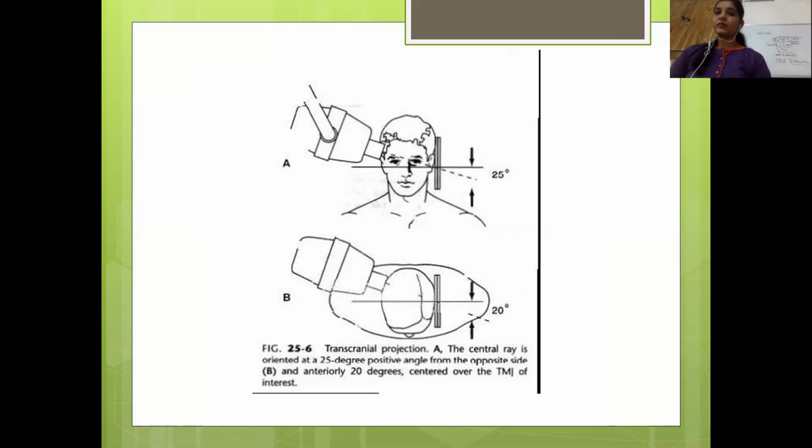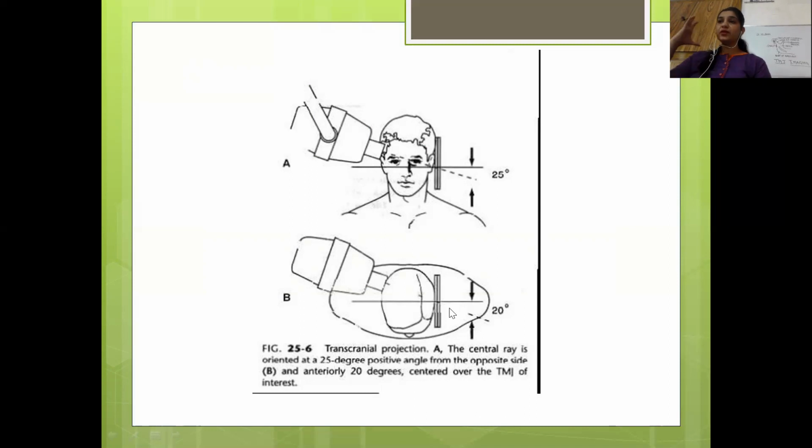So the area of interest and the central ray are transversed in this position like this, and the central ray is then passed to the area of interest from the opposite side, as I've told you before. An anterior 20 degrees centered over the TMJ of interest.